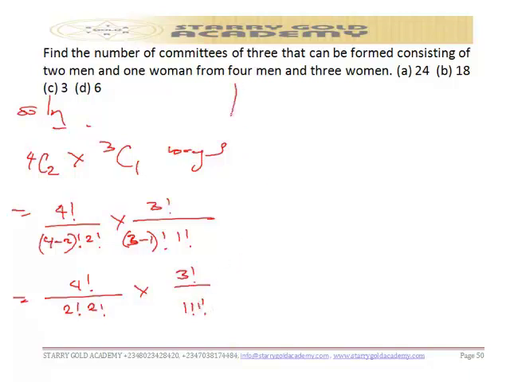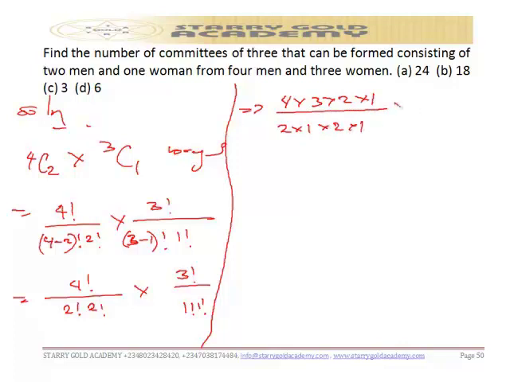Which will give us 4 times 3 times 2 times 1 over 2 times 1, times 3 times 2 times 1 over 1.